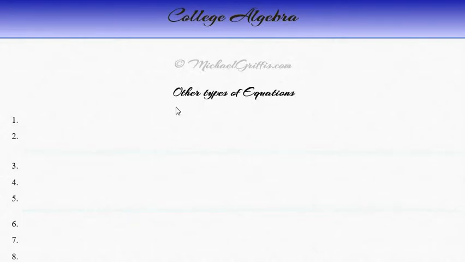In this section, we'll be working with other types of equations. I've got this labeled, but the first one is a higher order equation, we say. So let's take a look. x to the fourth minus 18x squared is equal to 0.